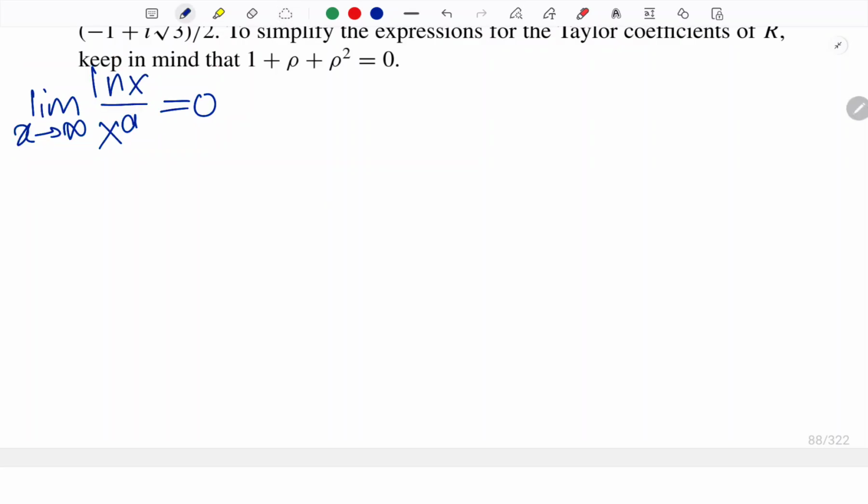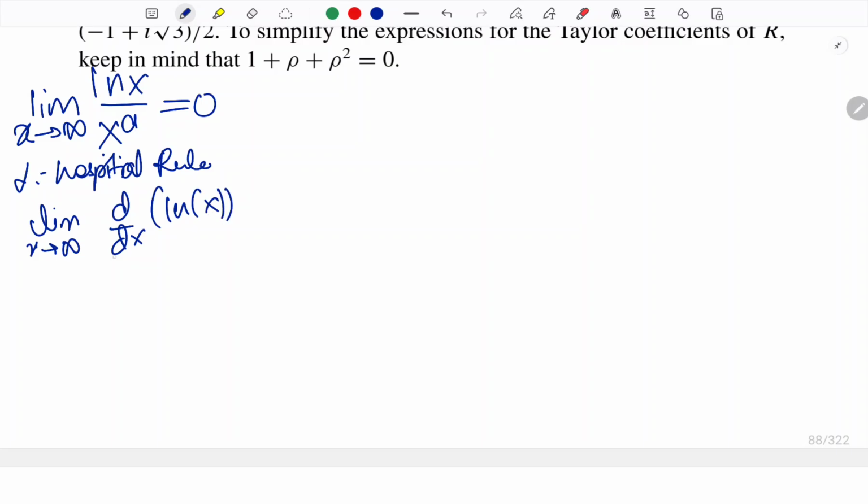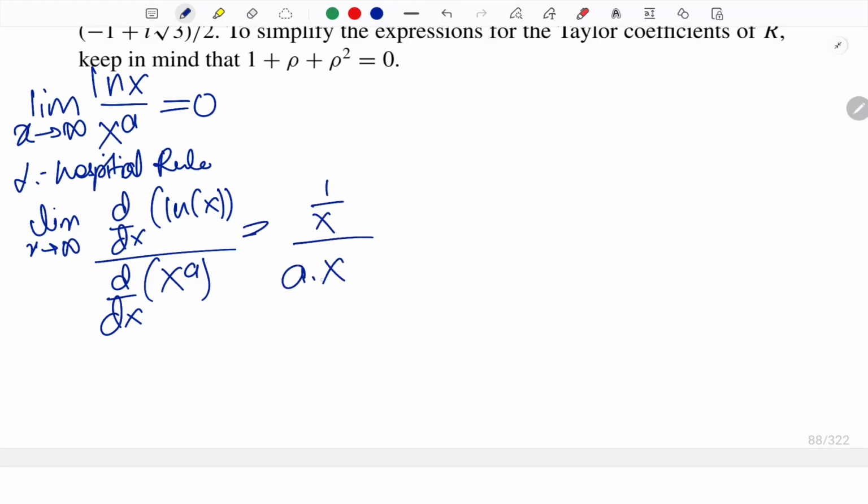Okay, using L'Hopital's rule, the limit as x tends to infinity of d over dx of ln of x over d over dx of x to the a. It's going to be 1 over x over a times x to the a minus 1.